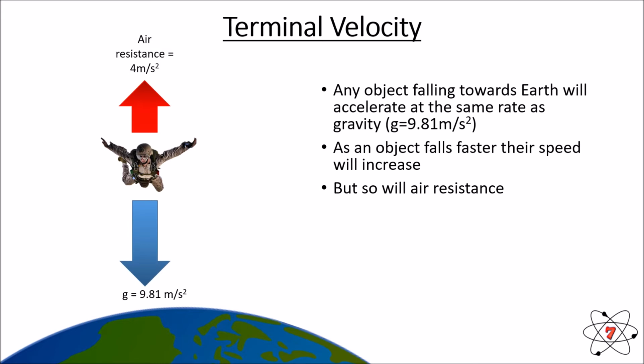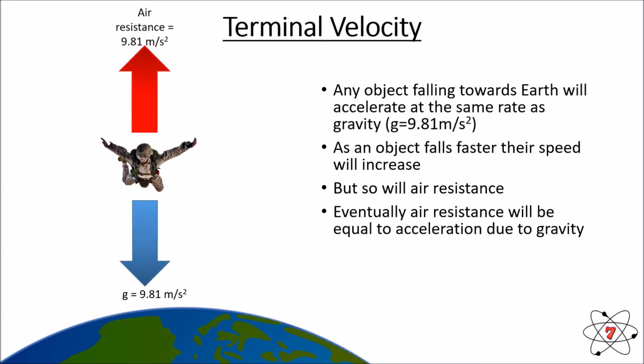But as their speed increases, so does the air resistance. So we can see here, this person's falling quite quickly, and we might have air resistance of, say, 4 meters per second squared. So these two forces are going to start to cancel each other out. This person is still going to be falling, but they're going to be accelerating at a rate lower than gravity because air resistance is acting in the opposite direction.